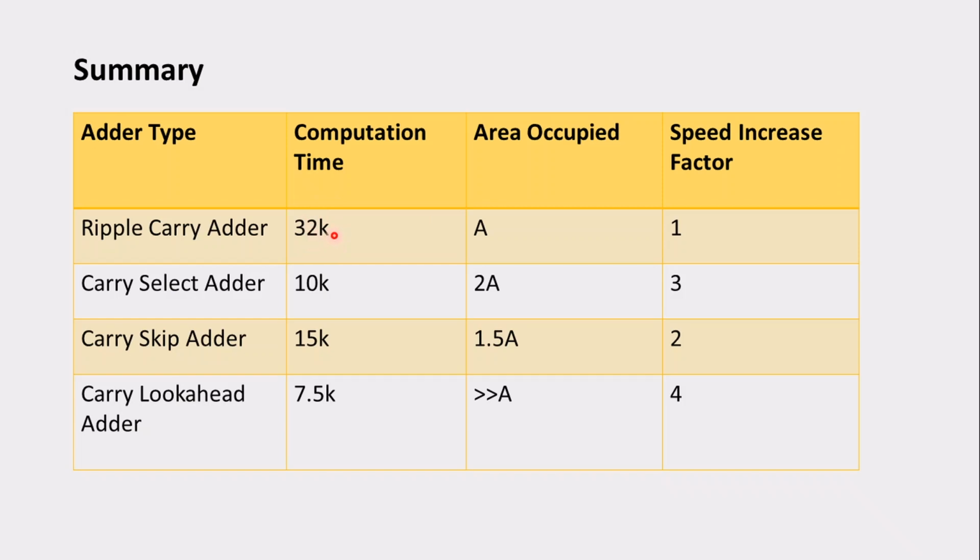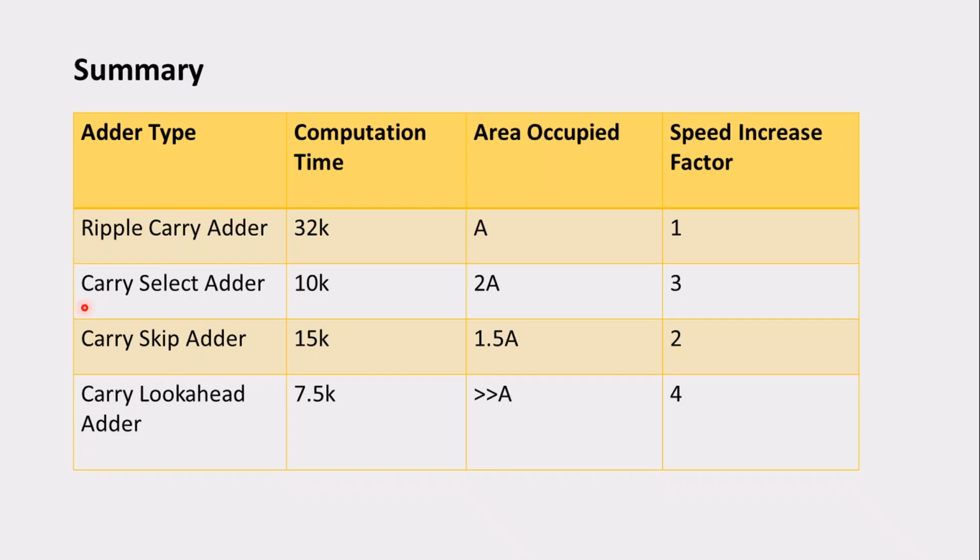propagation delay. Here we have considered the carry select adder and the carry skip adder. We had two different delays: one was the computational delay, the propagation delay of an adder, which we named K1, and the other was the propagation delay of a multiplexer, which we defined as K2.